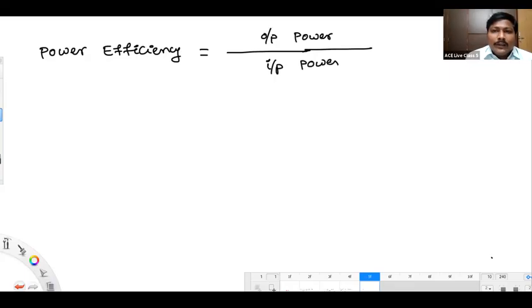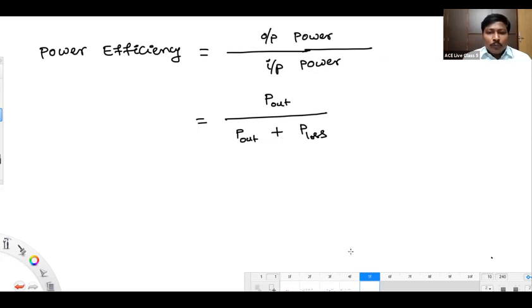The output power is nothing but the receiving end side demand. Input power PS is nothing but the receiving end power plus power loss. So, receiving end power by receiving end power plus power loss.